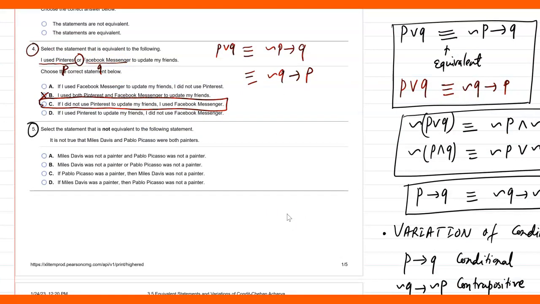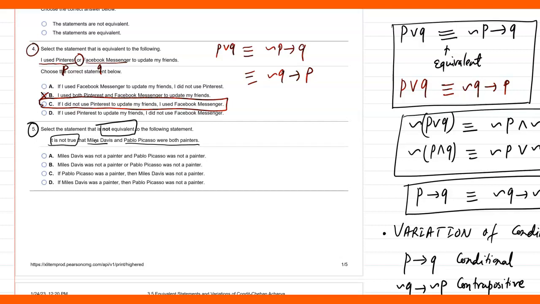Question number 5. Select the statement that is not equivalent to the following statement. Okay, what's the question? It is not true that Miles Davis and Pablo Picasso both were painters.